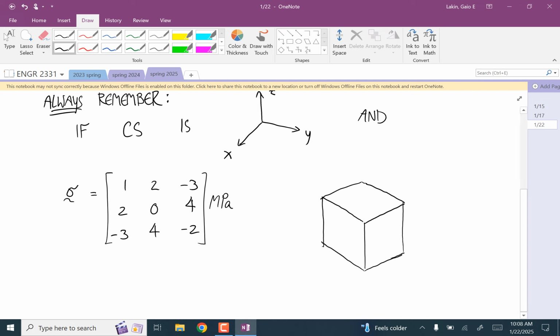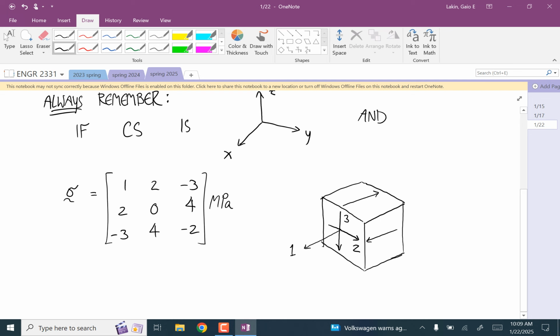So the x-axis comes out of this face, and the stress cube would have a 1 here. The y face is the one to the right, the positive y face, so this would be 2. The z face is the top face, so -3 means this way. So this one's also 2, this one's also 3.